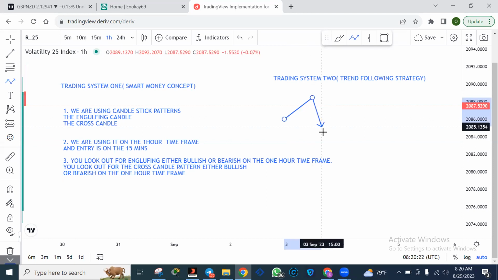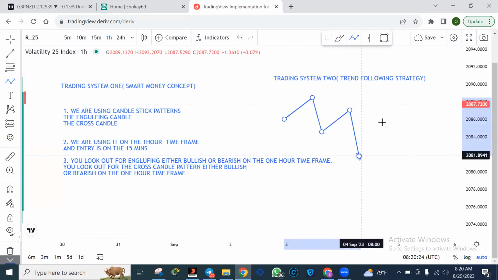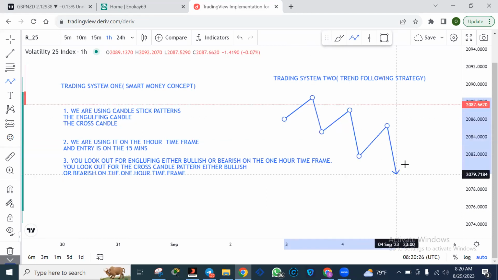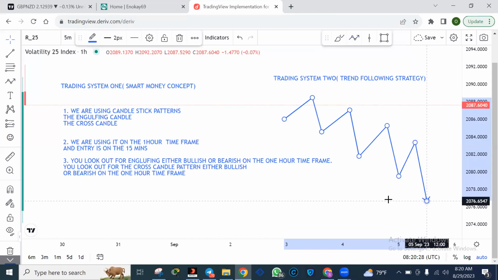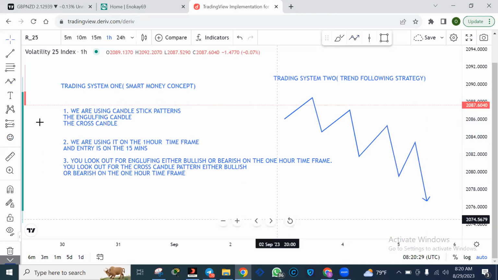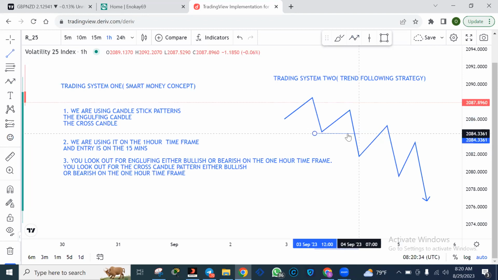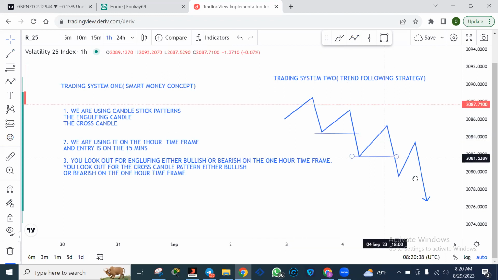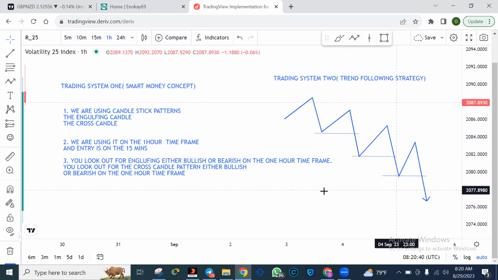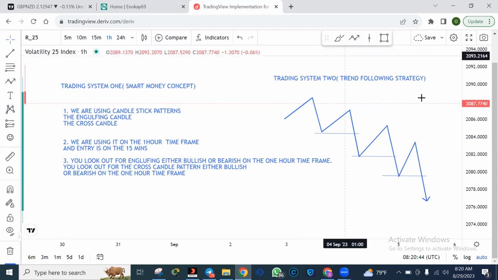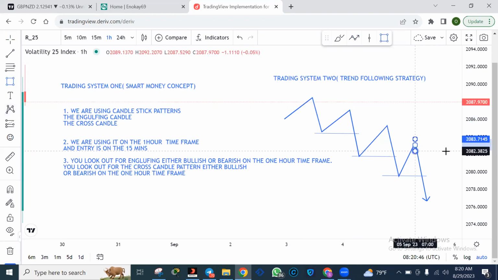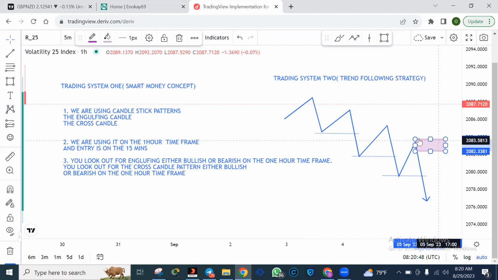So for a downtrend, let's say the market is moving downwards, you should just know that at these levels you have a support being broken, another support being broken, and another support being broken. And so you can have your candlestick patterns at these levels on the 1 hour time frame.